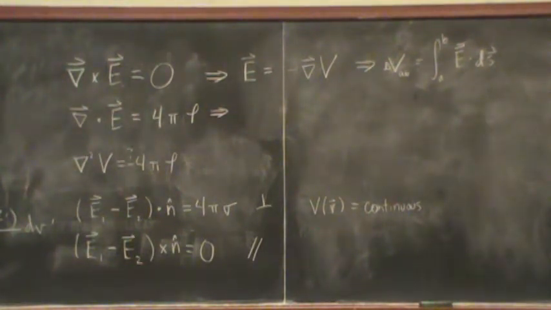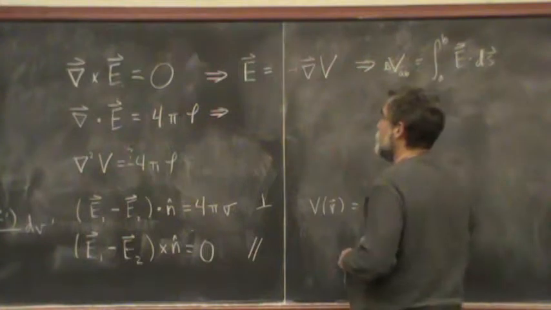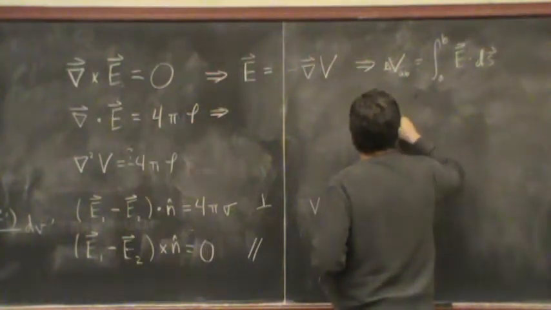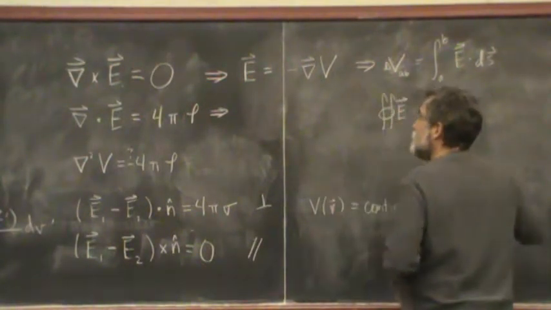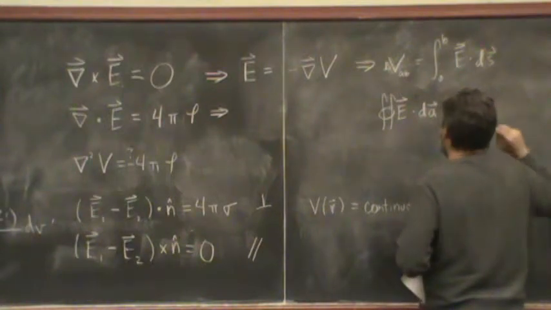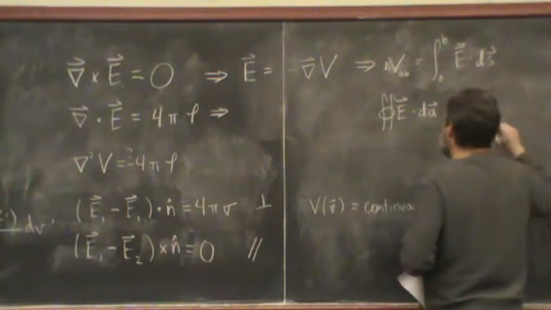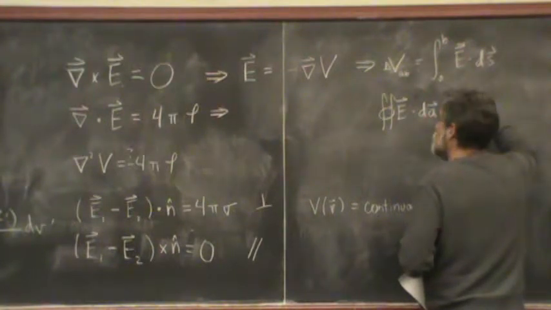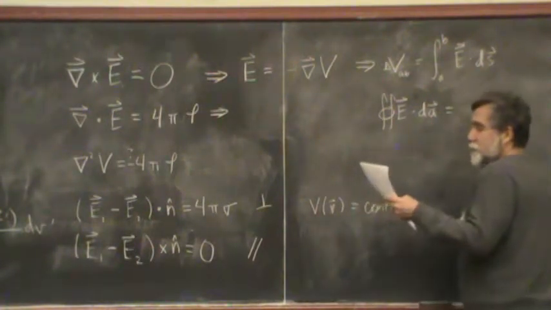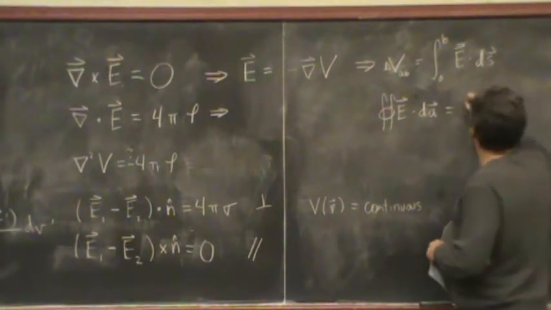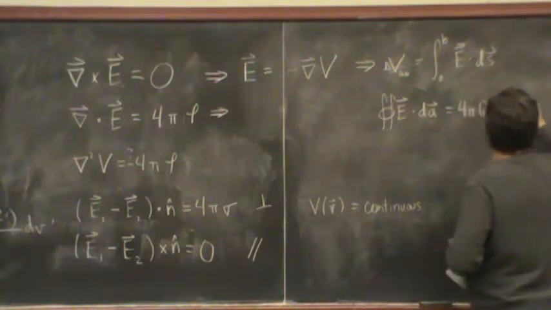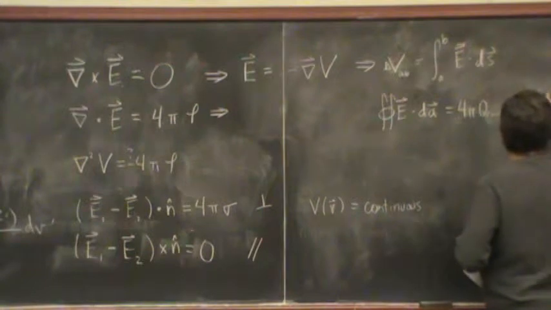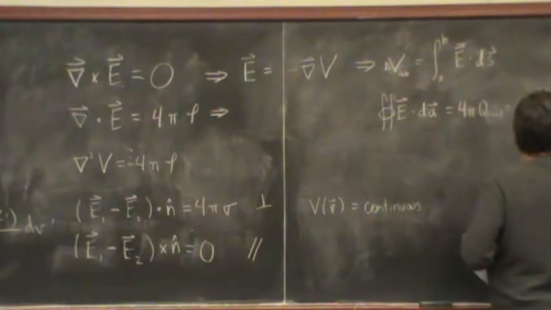And this one I might as well write out the integral form of as well, which is that the integral of the electric field passing through a closed surface is equal to, I'm just trying to remember whether there's a 4 pi here or not. Someone tell me. It's a 4 pi. Q enclosed, which I would write also as 4 pi integral over the enclosed volume of rho.